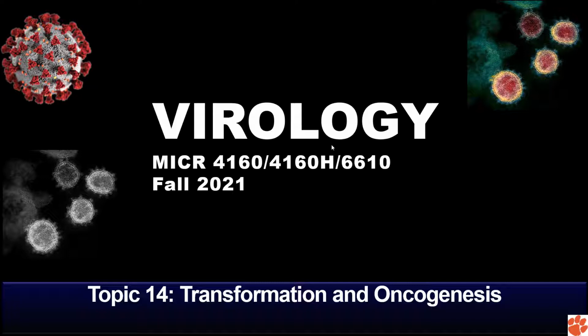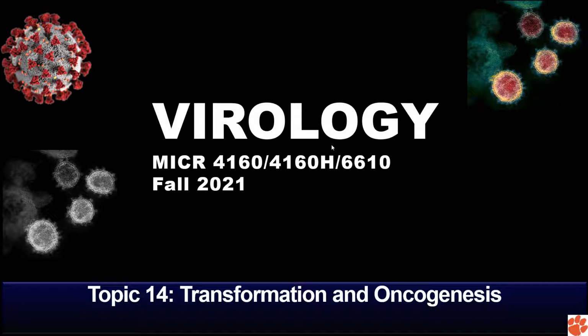All right, so let's start with transformation and oncogenesis, and probably you're going to see that this is more like a story. A couple of slides are a little bit intense, but overall it's pretty easy, and it's a fascinating story, probably the most fascinating out of all 17 chapters, about how virology paved a pathway for our understanding of cancer.